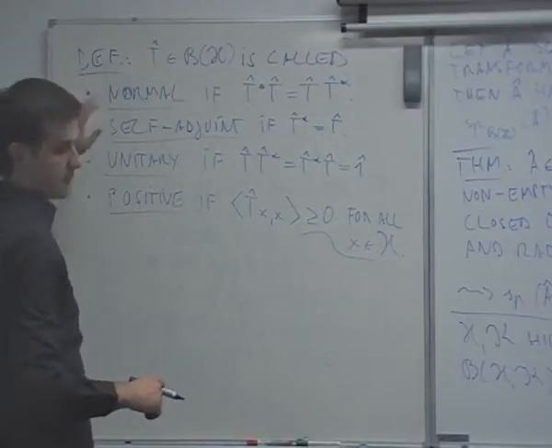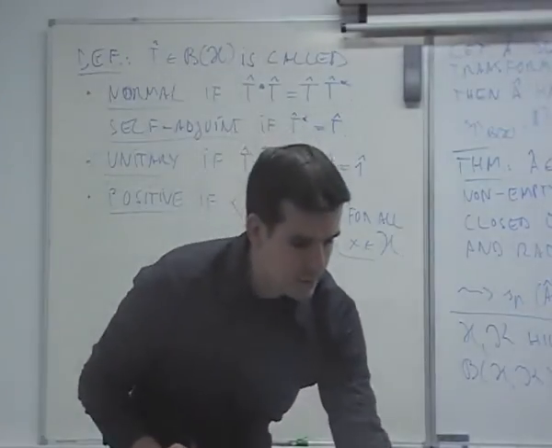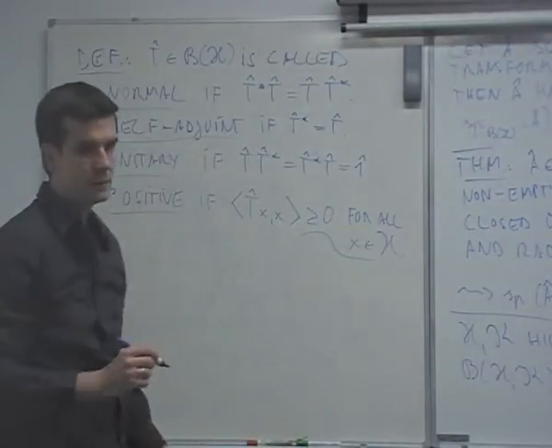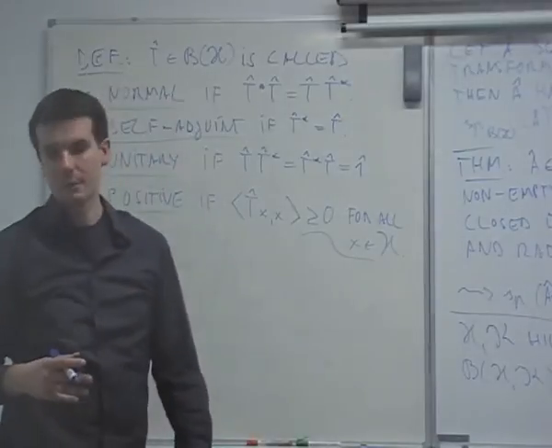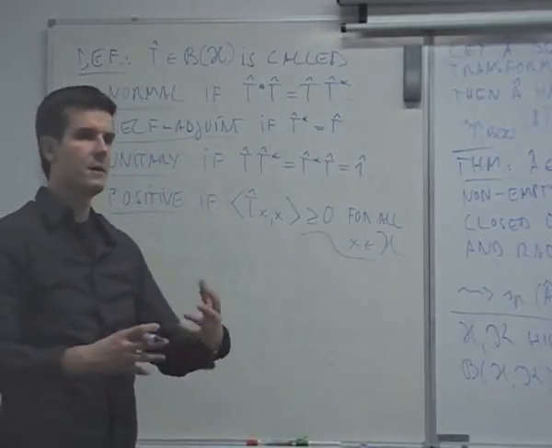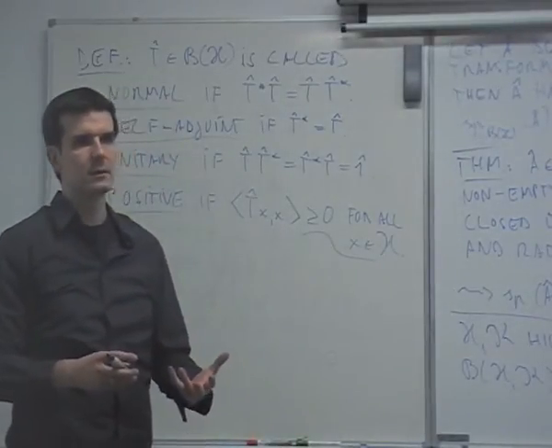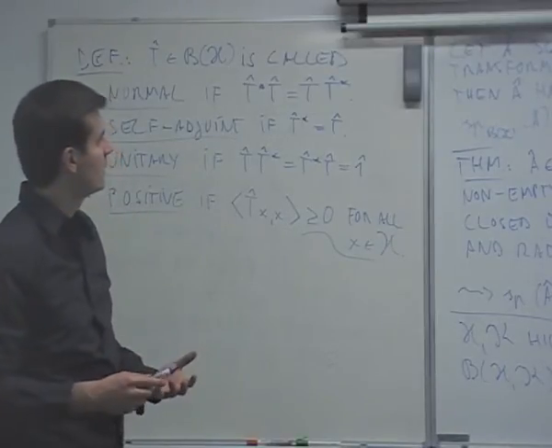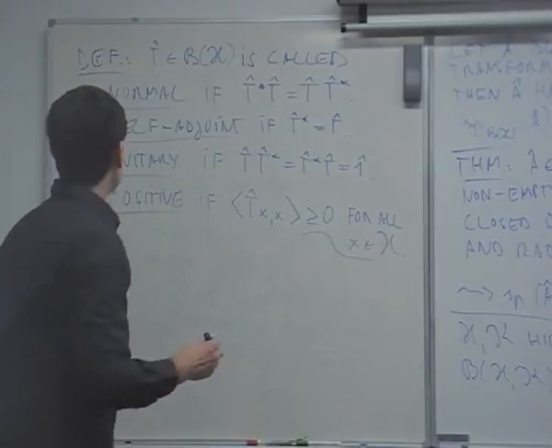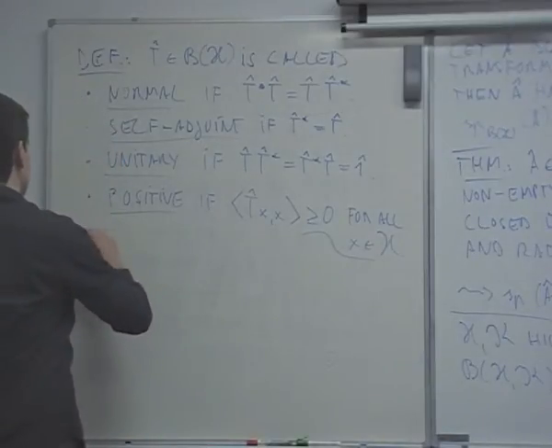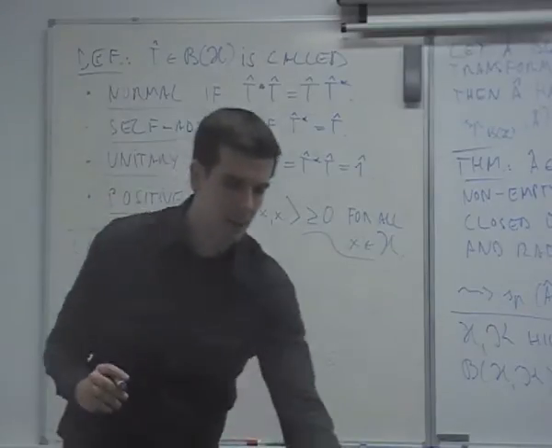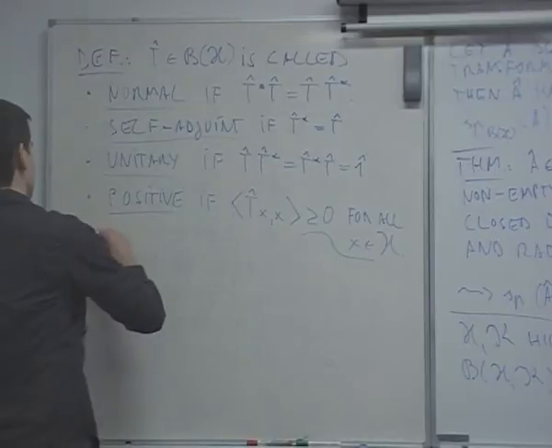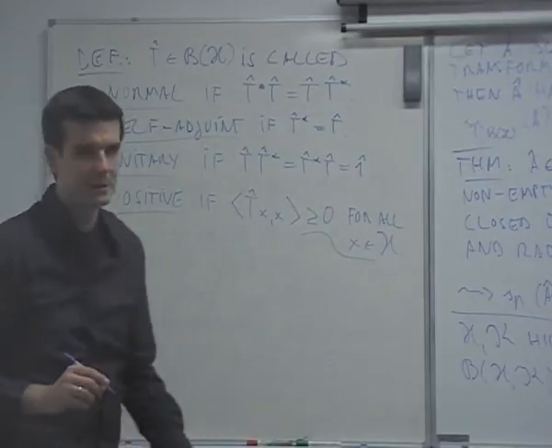Normal operators are technically very important, but we will not talk about them a lot. Self-adjoint operators are of course extremely important in physics because they serve to represent physical quantities in quantum theory. So we'll have a look at them, and maybe let me just mention, well, maybe it's actually a bit more than a lemma. In finite dimensions it's a lemma, but in infinite dimensions we can call it a proposition, I think.